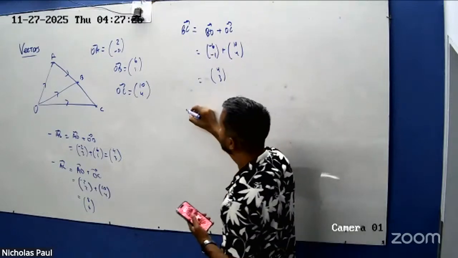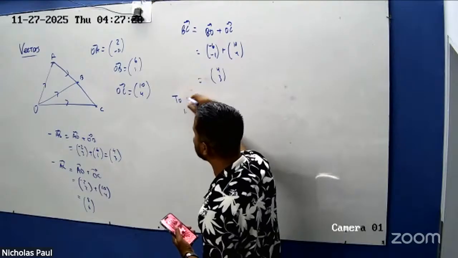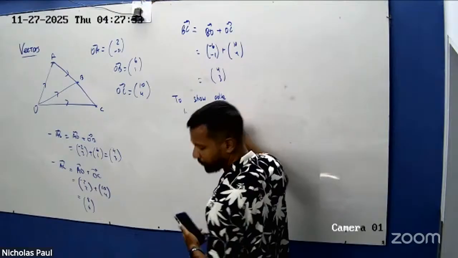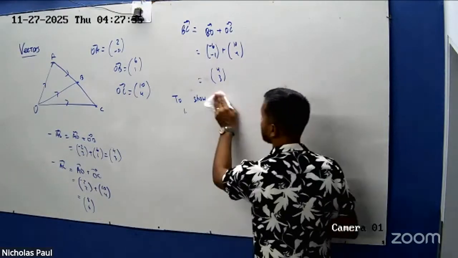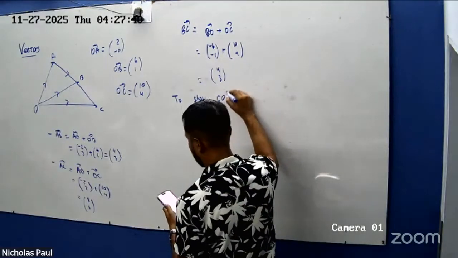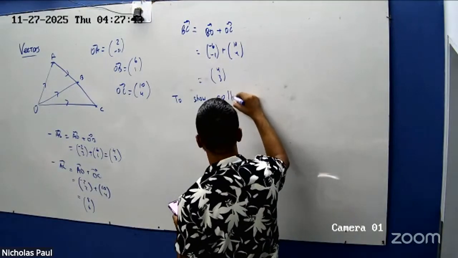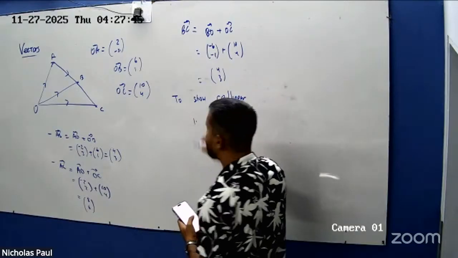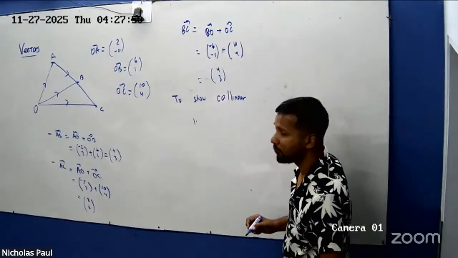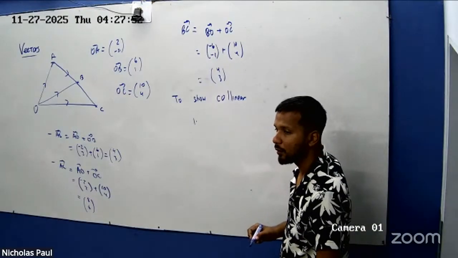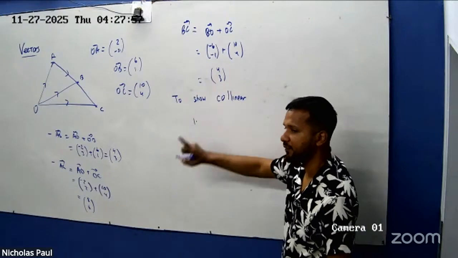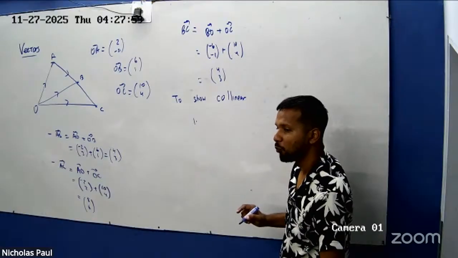Right, so step number 1, remember this is to show collinear. What's step number 1 to show collinear? We already found AB and BC and AC. What's the next step?